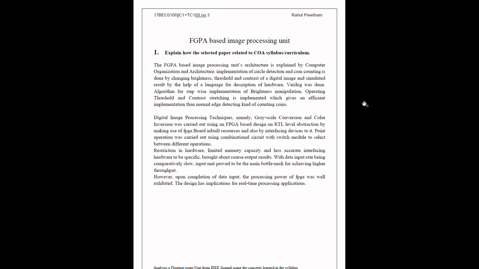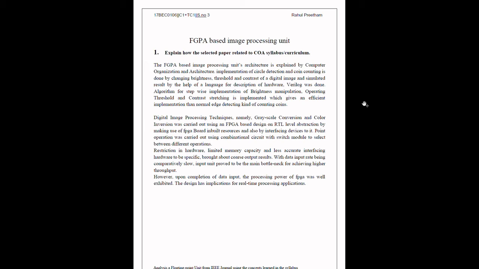Now digital image processing techniques, namely grayscale conversion and color inversion, were carried out using FPGA design on RTL level abstraction by making FPGA board inbuilt PCBs and also by interfacing devices to it. Point operation was carried out using combinational circuit with switch module to select between different operations.